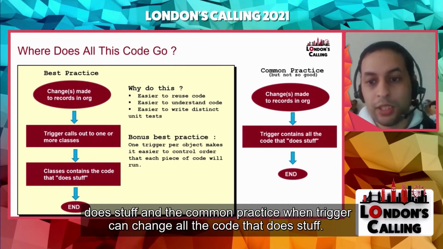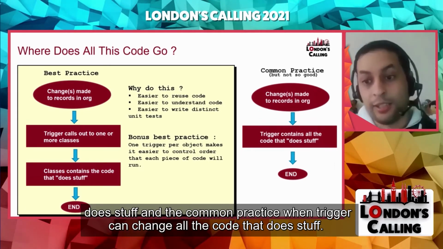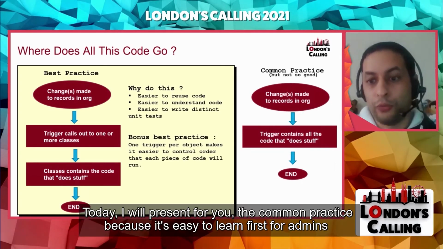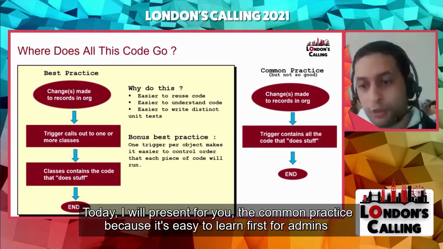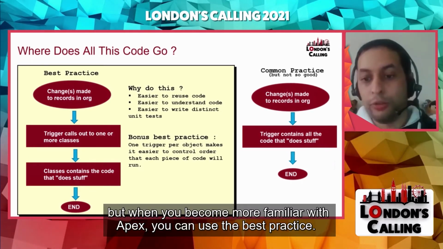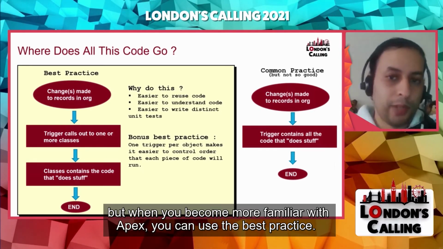The common practice is when the trigger contains all the code that does the work. Today, I will present the common practice because it's easier to learn first for admins. But when you become more familiar with Apex, you can use the best practice.